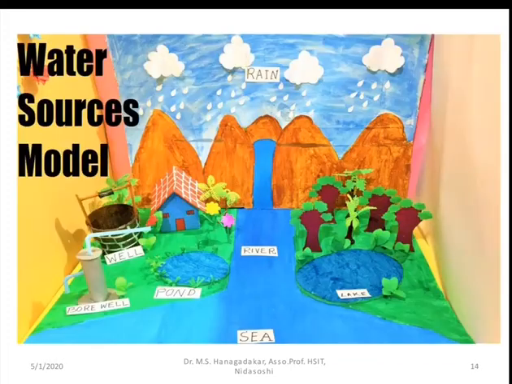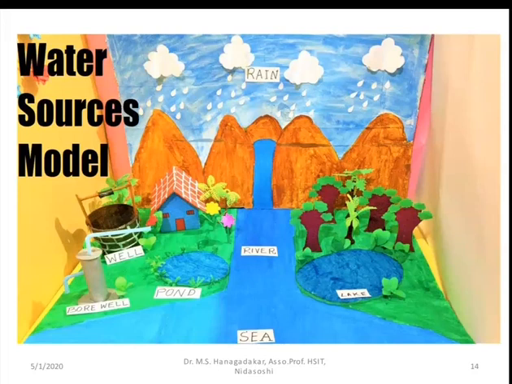In continuation of that, you can observe the water sources model, which is beautifully drawn in this slide. You can observe that rainwater is available, borewell water is available, well water is available, and pond water is available. Rainwater is available above the surface. Underground water you will get in the form of borewell water and well water.